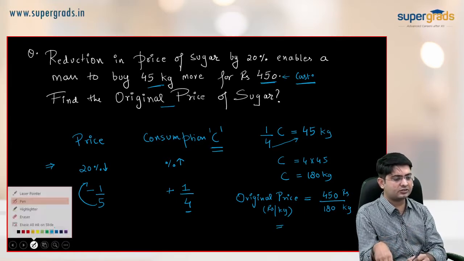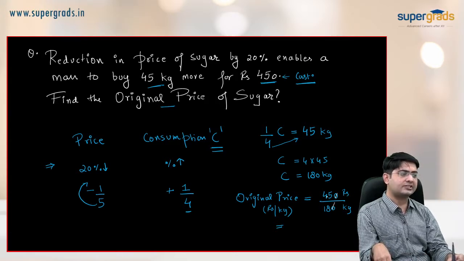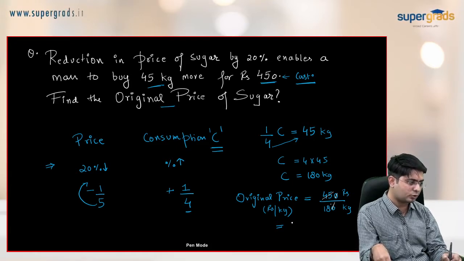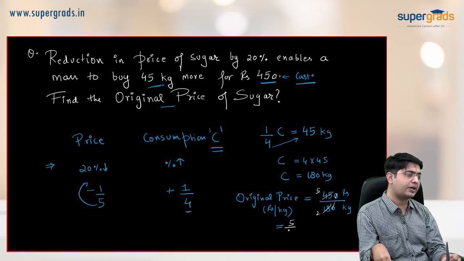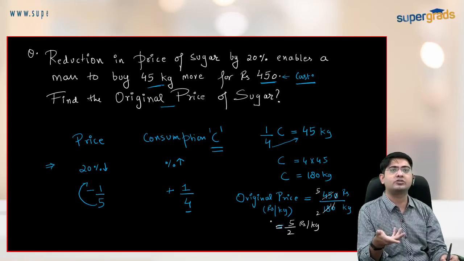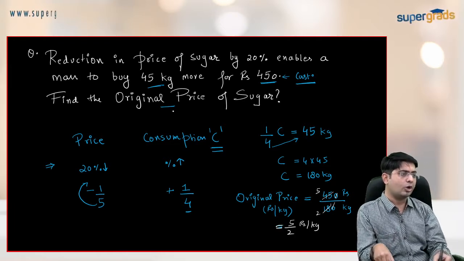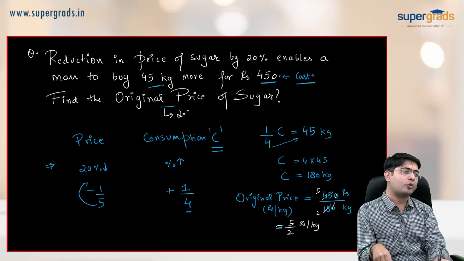Zero and zero cancel. 9 fives are 45 and 9 twos are 18. So it is 5 by 2 rupees per kg, which is 2.5 rupees per kg. So the original price was 2.5 rupees per kg.